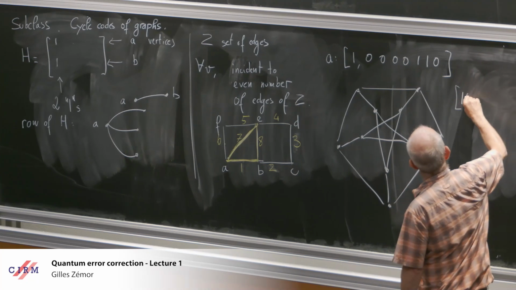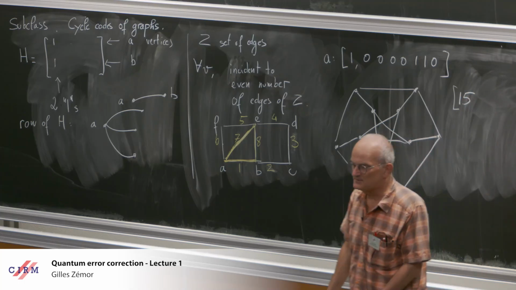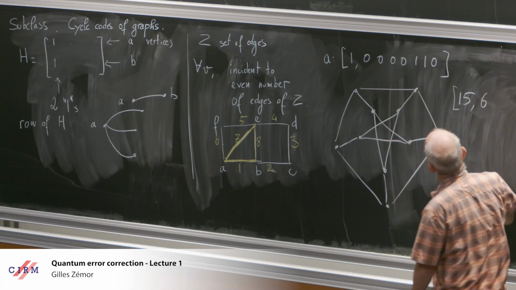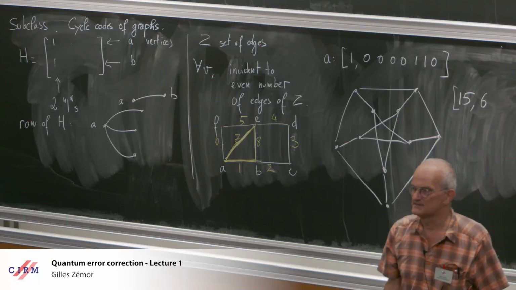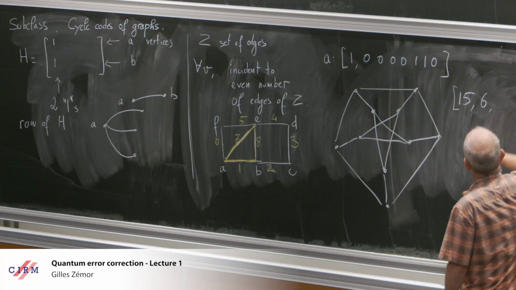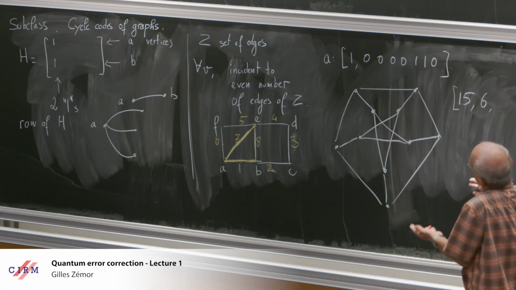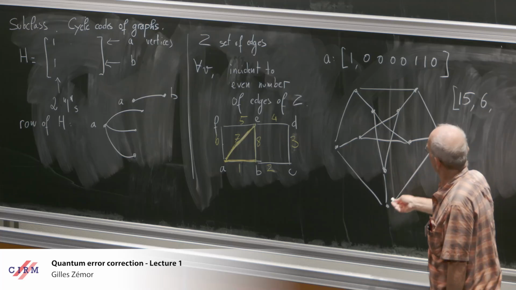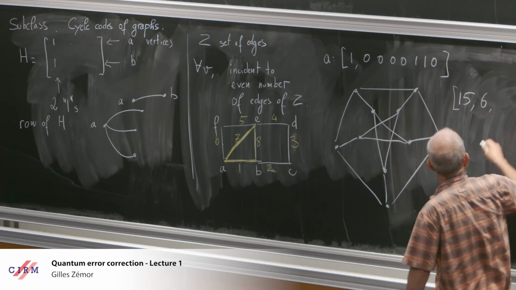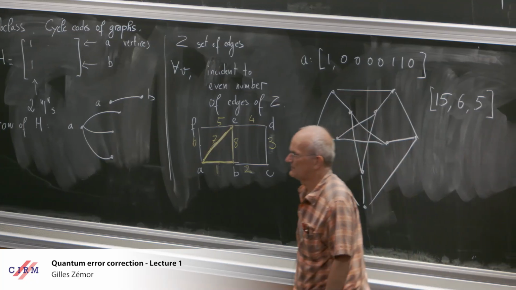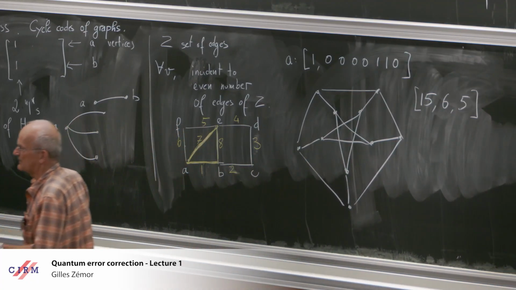Parameters: length is 15 because there are 15 edges. One may compute the dimension and figure out that it's equal to 6. So there's 64 cycles in this graph. You can count them. And the minimum distance is the minimum size of a cycle. So in graph theory, this is the girth of the graph, and you can see that the minimum cycle size is 5. So this code can correct 2 errors.